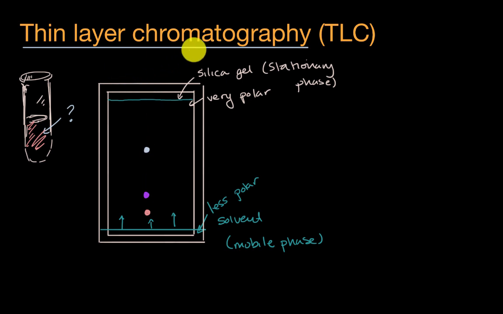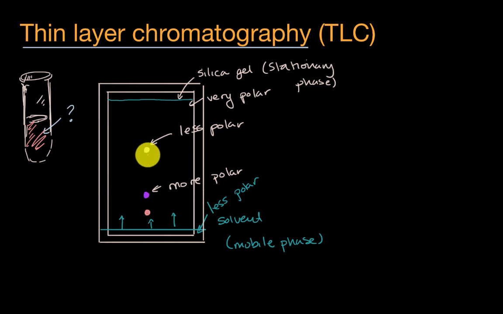When you run thin layer chromatography, you will see that your original dot will have traveled to various degrees with your solvent and will now be multiple dots, depending on how many things were in your original mixture. As I just mentioned, the less polar thing is going to travel further than the more polar constituent substance, because the more polar thing is more attracted to the silica gel, which is stationary.